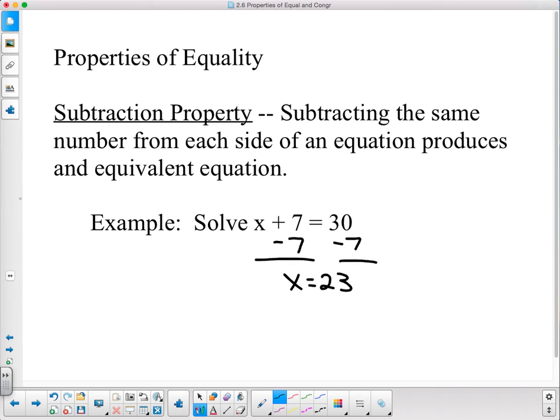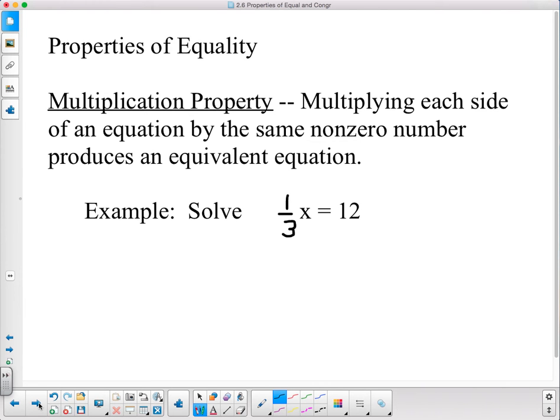There's a multiplication and a division. I'm going to give the people that are writing the notes the sheet just in case you can't keep up. You'll have it to write. The multiplication property of equality. Multiplying each side of an equation by the same non-zero number produces an equivalent equation.